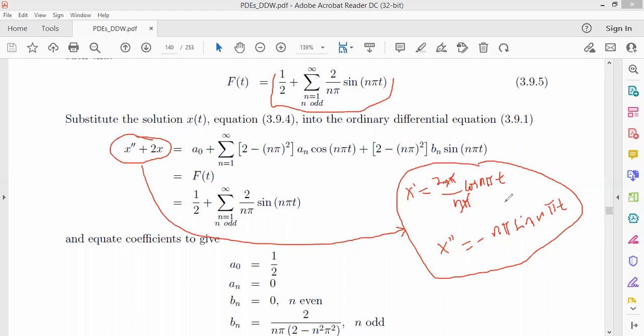We need to check this because I see there are some squares here. Maybe I messed up somewhere, maybe when we took the general form of our expression, that is, substituting xt into 9.4 into the ordinary differentiation 3.1.